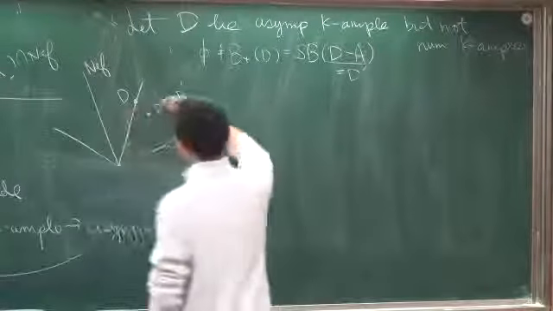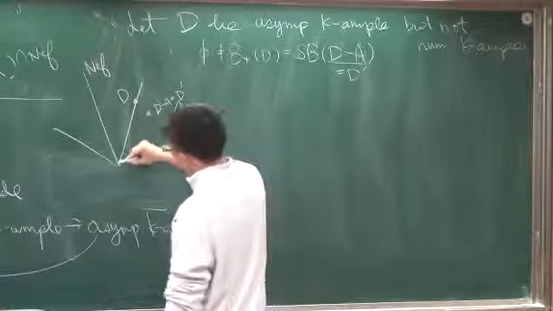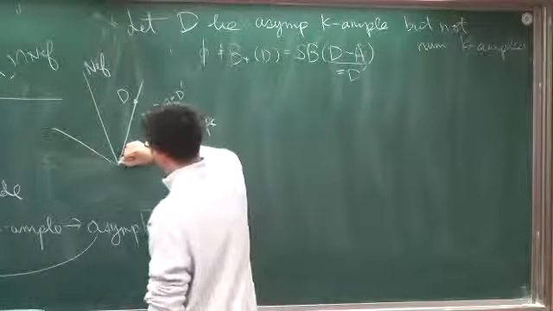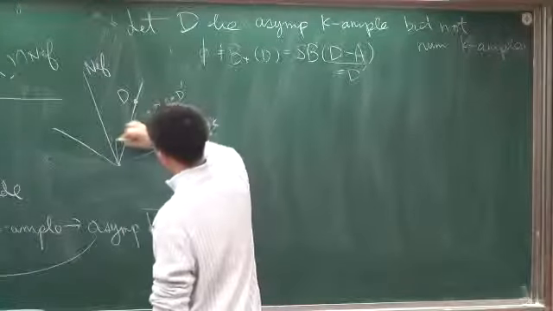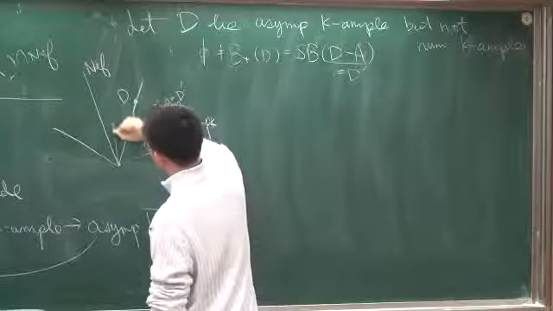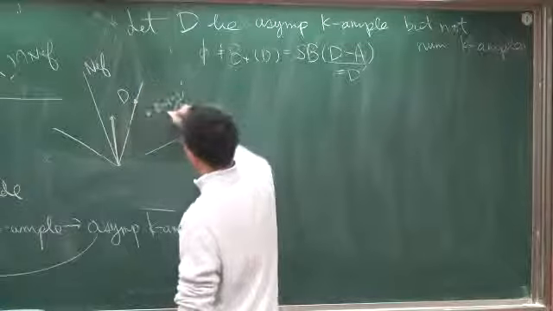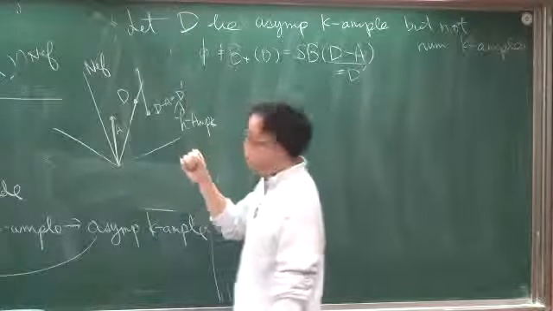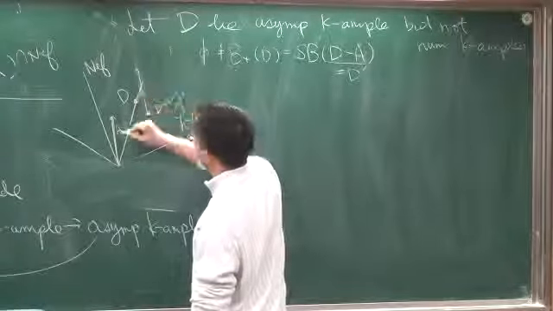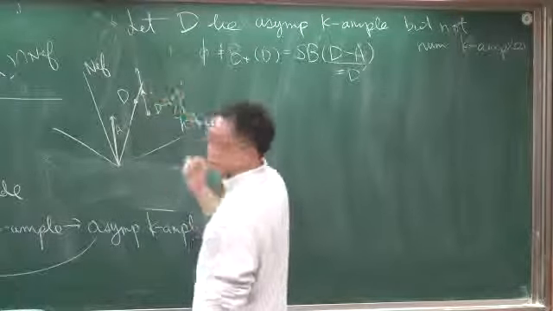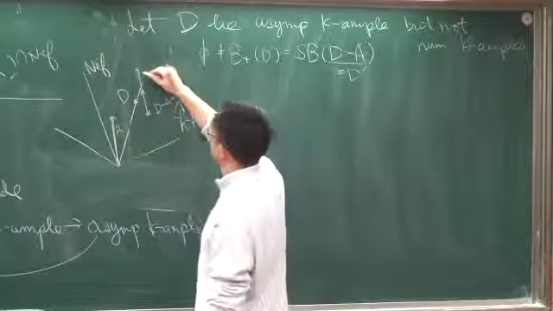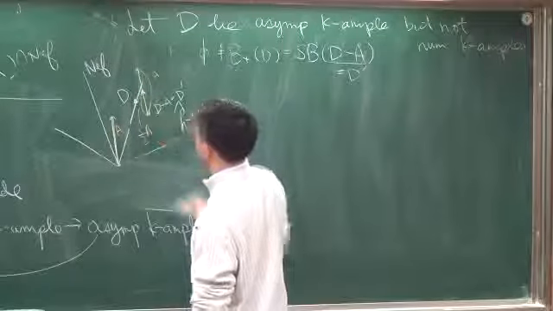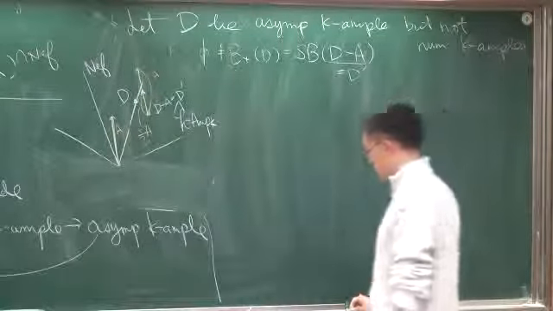And the idea is this. Because there is a gap, you may find some ample divisor A such that if you add A to this divisor, it becomes ample. But if you add half of A, it's not ample. So you may find such a divisor. This is A, but this is 1/2 A. Okay?